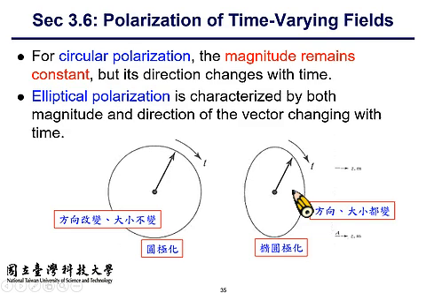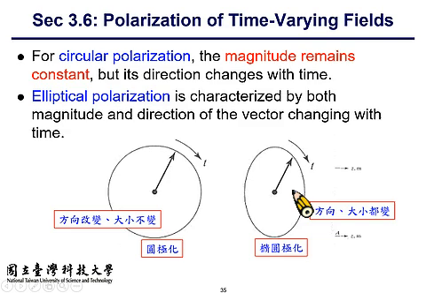All right. So as I already demonstrated in the previous example, for circular polarization, the magnitude of the electrical field remains constant.